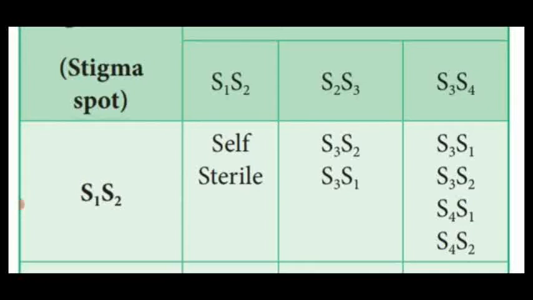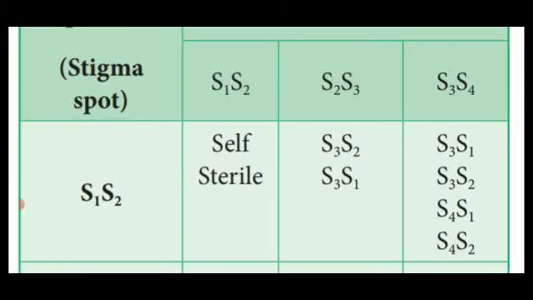So how will it come? Both of them are the same. So you have to write S3 and S1. So dear students, what you have to do is, if they have the same alleles, you have to leave that one and cross with another one.